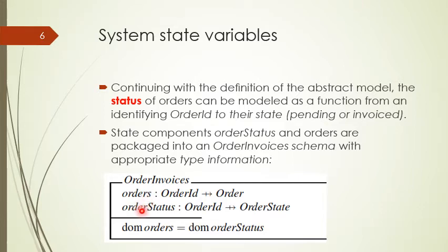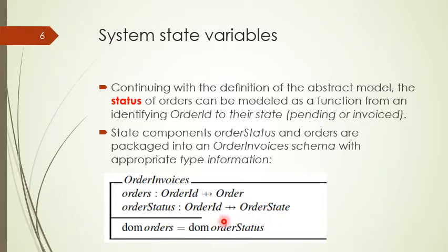The second system state variable is order status, which will be used to represent the status of the order, and this state variable is also a partial function which is declared on the set of all possible partial functions from basic type order ID to free type order state.